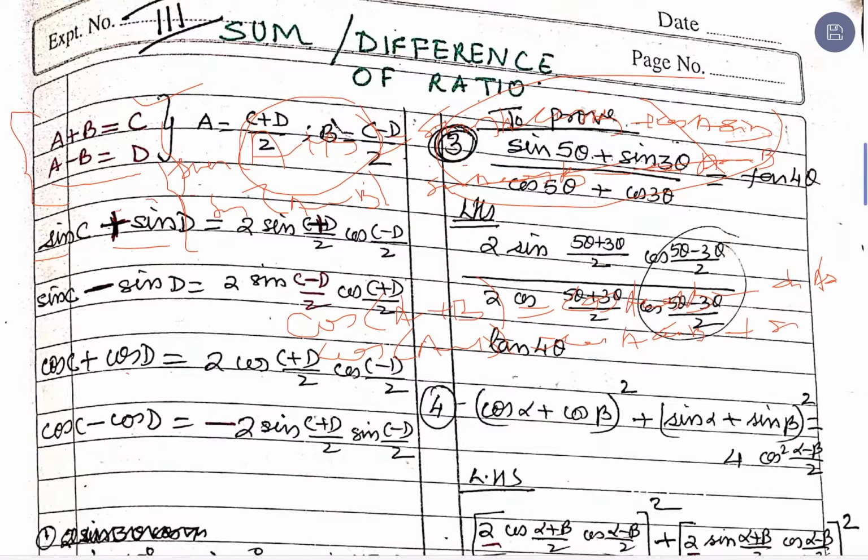Now, when you add the two, cos C plus cos D, we get the left hand side, and on the right hand side we find that the opposite sign term gets cancelled and we are left with 2 cos A cos B, which is nothing but 2 cos (C + D) upon 2 cos (C - D) upon 2.